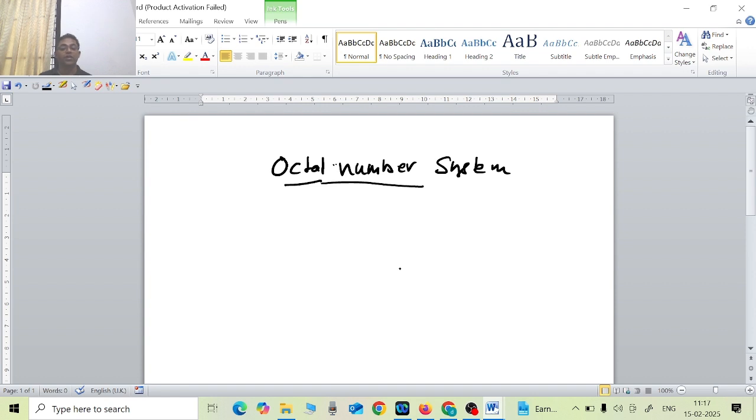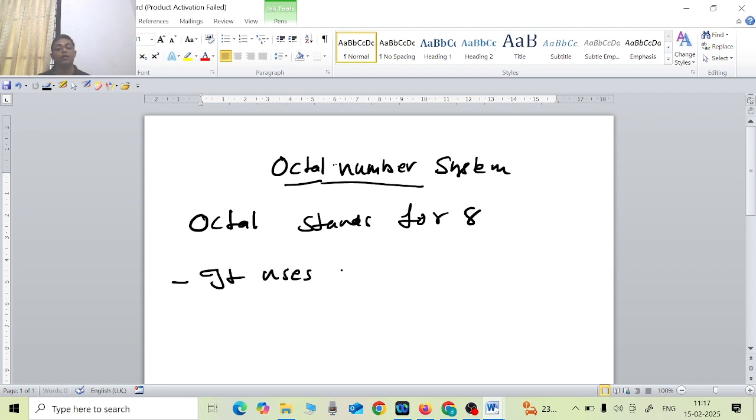Okay, now we will discuss octal number systems. The word octal stands for 8. The reason why it is known as the octal number system is that it uses 8 symbols or digits, and the second reason is that the base is 8.